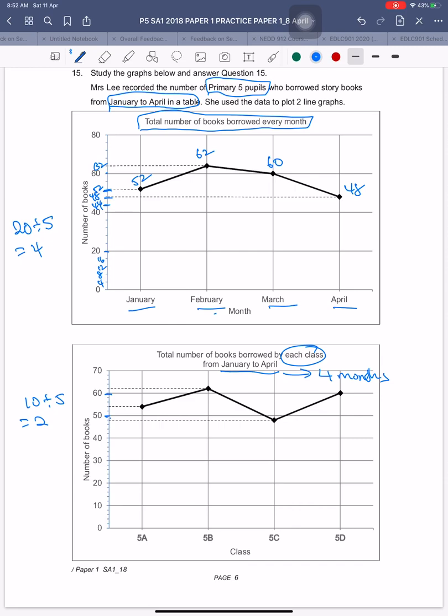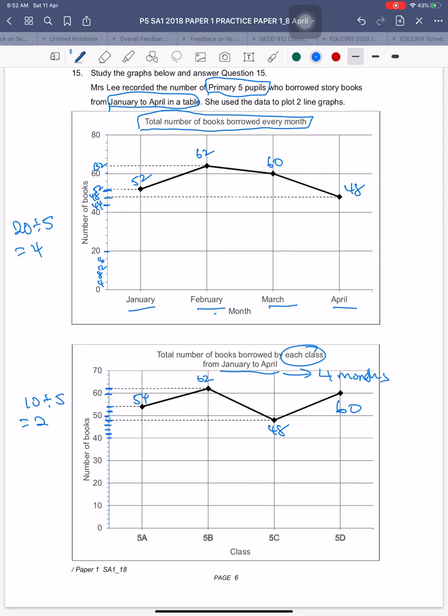So for 5A, 52, 54. 5B, 60, 62. 5C is here, so it's 40, 42, 44, 46, and 48. And 5D will be 60.